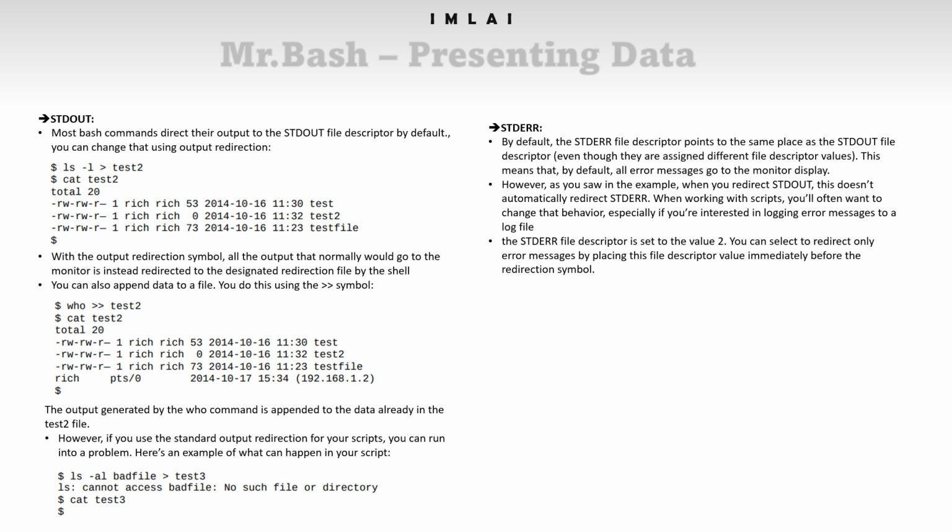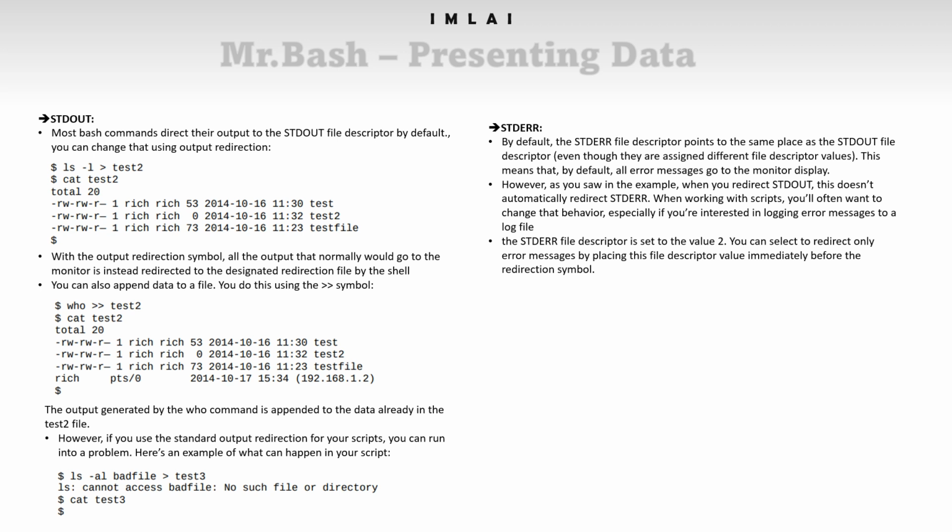You can select to redirect only error messages by placing this file descriptor value immediately before the redirection symbol. The value must appear immediately before the redirection symbol, or it doesn't work.